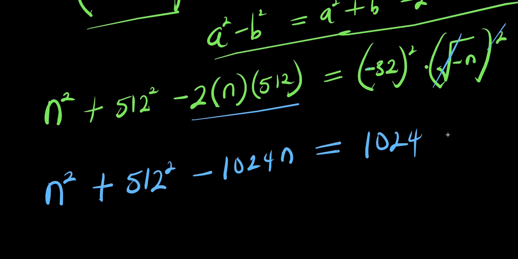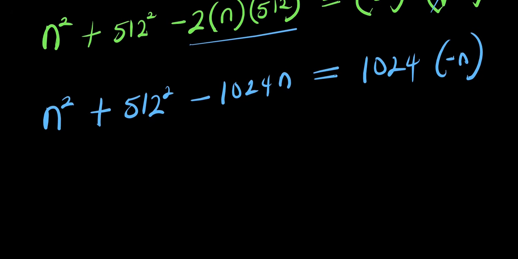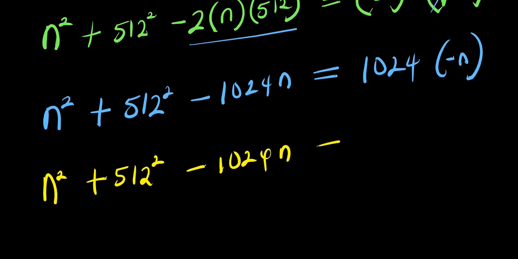The square and root cancel, so we have times negative n. So from here, you have n power 2 plus 512 power 2 minus 1024n equals, multiplying this out, minus 1024n again.